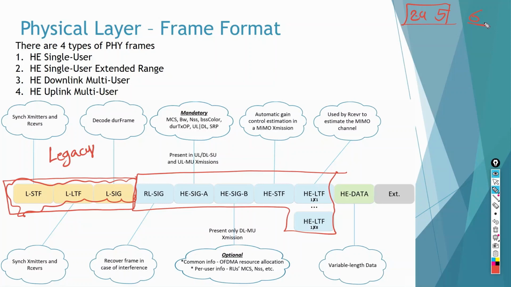But if there is already a type of devices that are using the 6 gigahertz band, then for sure we have to add the legacy part to help protect 11AX transmissions and help those legacy devices understand more information about the ongoing transmissions in order to decide whether to defer their turns or transmit right now.